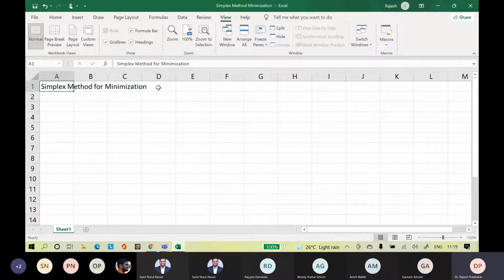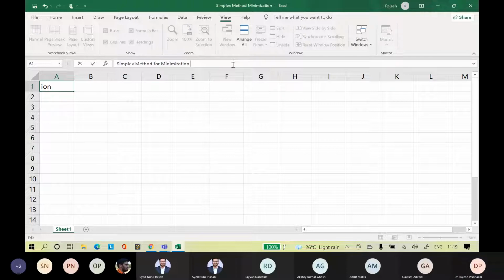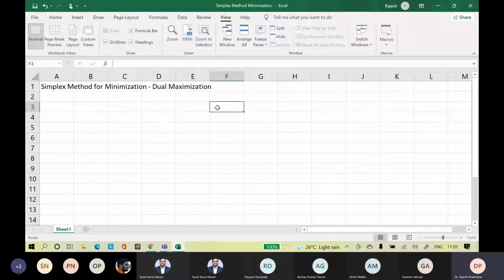We call this method dual maximization. You will use dual maximization for solving the minimization problem.